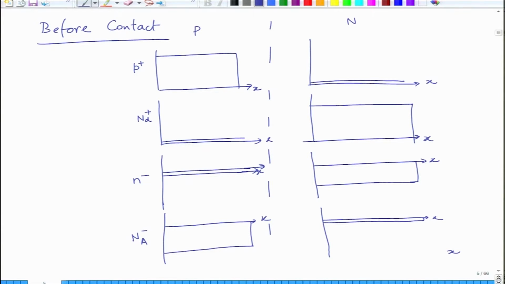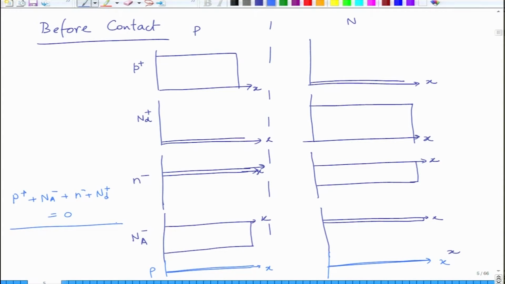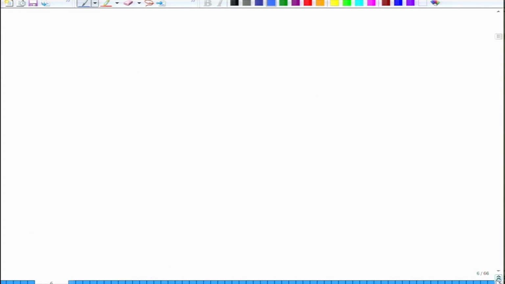As a result, the net charge density, if you plot rho, the net charge density in both P and N type semiconductor, will be equal to 0, because positive and negative charges, P plus Na minus plus N minus plus Nd plus, equal 0 in a semiconductor before making a contact. So this is before the contact. Now let us see what happens after the contact.